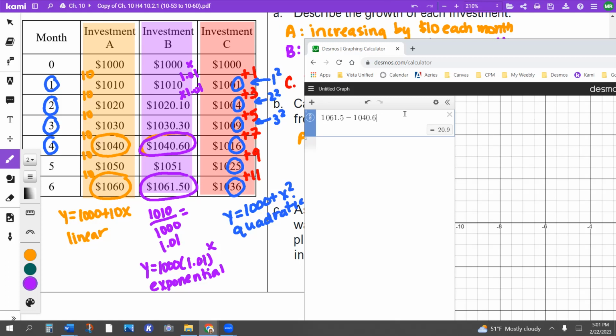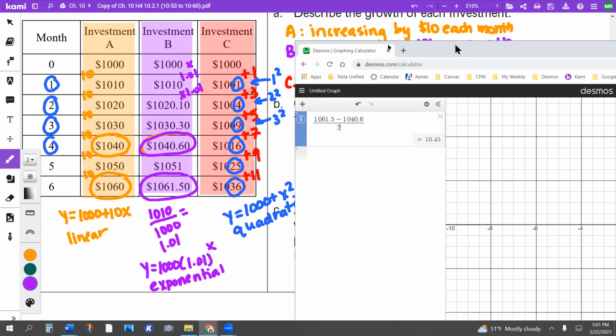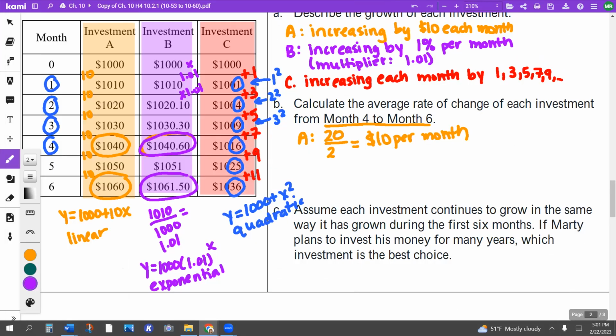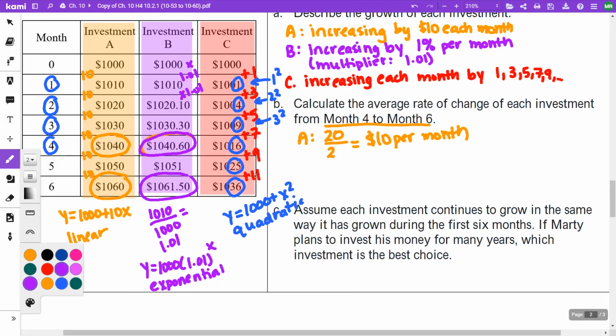I'm going to divide that by the change of x, which is 2 months, and I get 10.45. So for B, I ended up with 20.9 when I did that math, and dividing by 2 gave me $10.45 per month.